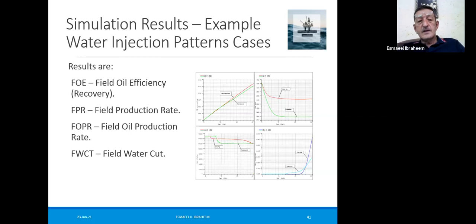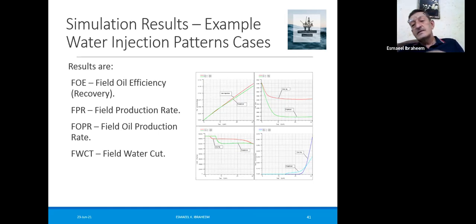This is another example of water injection patterns. We have some different patterns here. It can show you FOE, FPR, FOPR, and FWCT of each pattern.